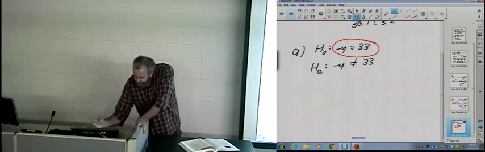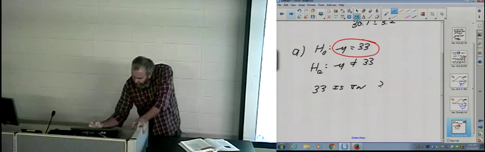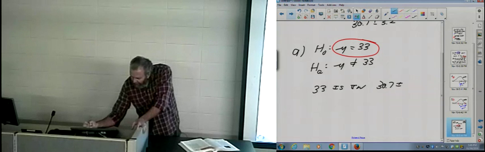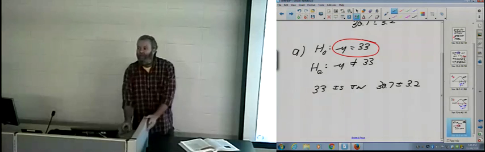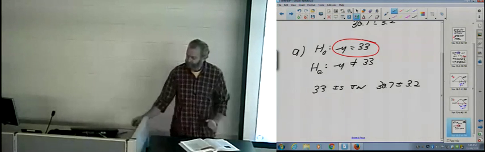33 is in 30.7 plus or minus 3.2. It's in the interval. And what did I tell you to do if that's in the interval?